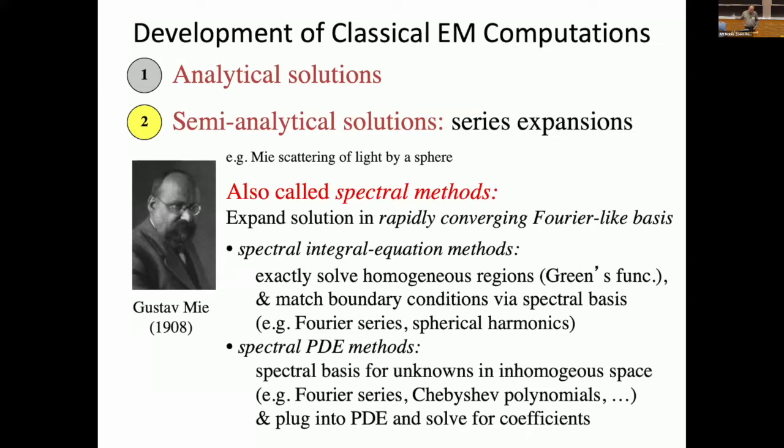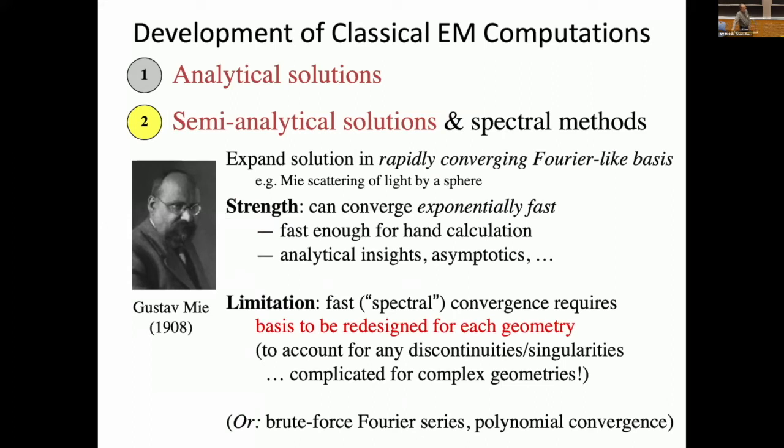And so these actually do generalize to arbitrary geometries, where you expand in Fourier series or Chebyshev polynomials and things like this. And the advantage of these, as I said, is they can converge exponentially fast. So they're fast enough even for hand calculation 100 years ago. And when something converges in only 1 or 2 or 3 terms, you can actually look at those terms and get some analytical insights and think about the asymptotics and so forth.